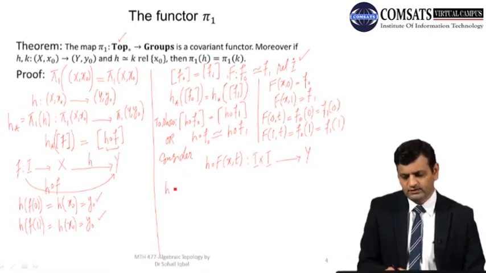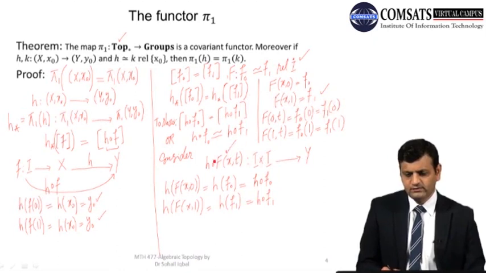Okay, so let's see what is H of F(x,0). What is F(x,0)? This is equal to f naught. So basically this is equal to H composition f naught. Similarly, let's see what is H of F(x,1). F(x,1) is f1, so this is equal to H composition f1.